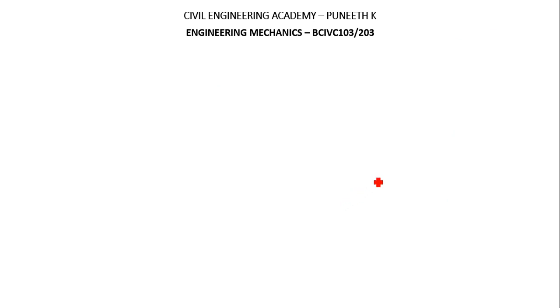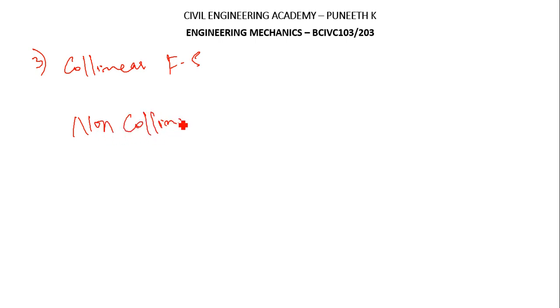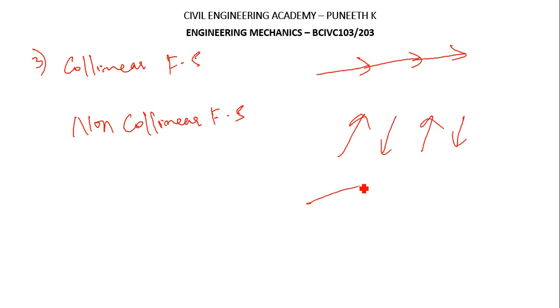Very important, the last classification, the third classification: collinear force system. It can also be subdivided as non-collinear force system. This is the diagram for collinear force system and this is the diagram for non-collinear force system. We have two different types of diagrams. What is the definition actually? The lines of action of all these forces are coinciding.